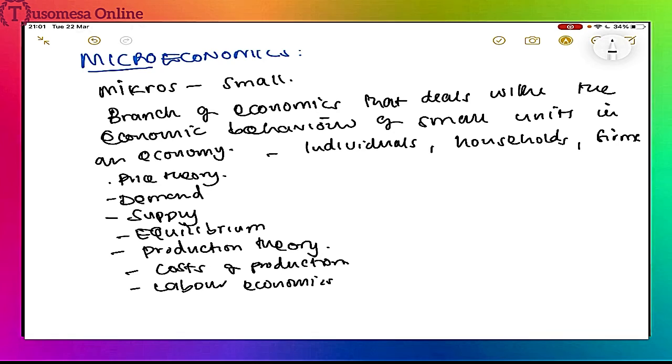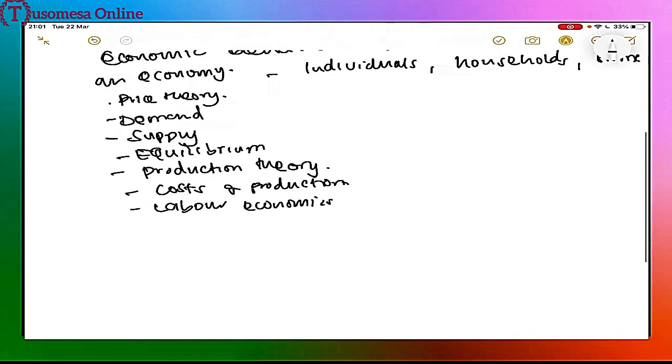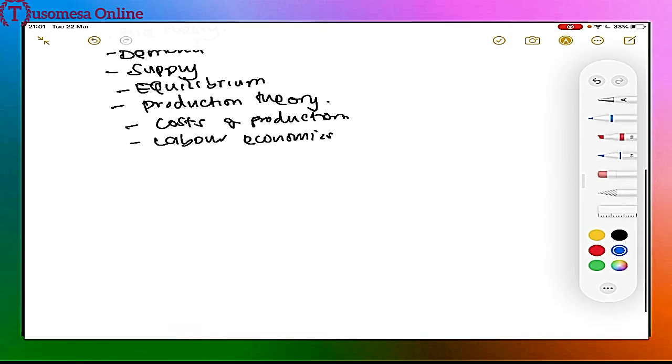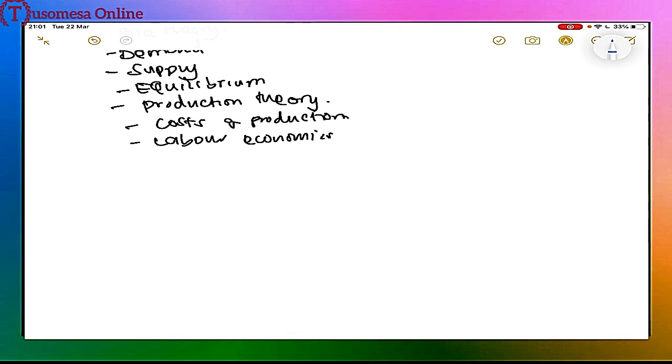It's a branch of economics that deals with the economic behavior of small units in an economy, like the economic behavior of individual economic agents, like consumers and producers. That is microeconomics.